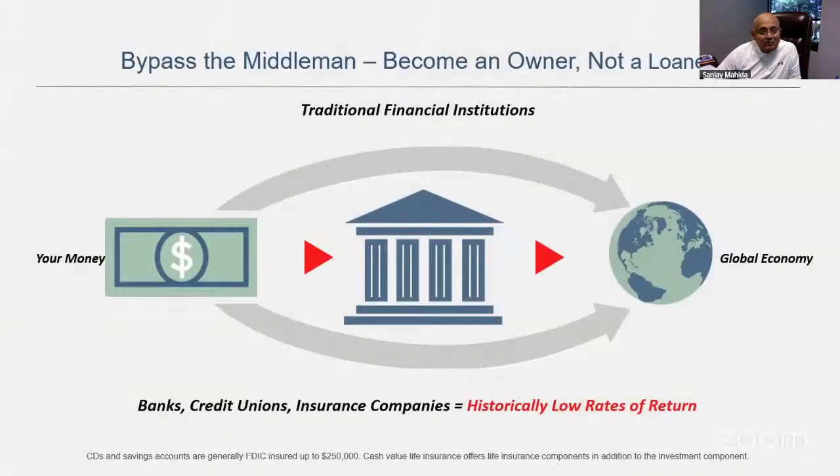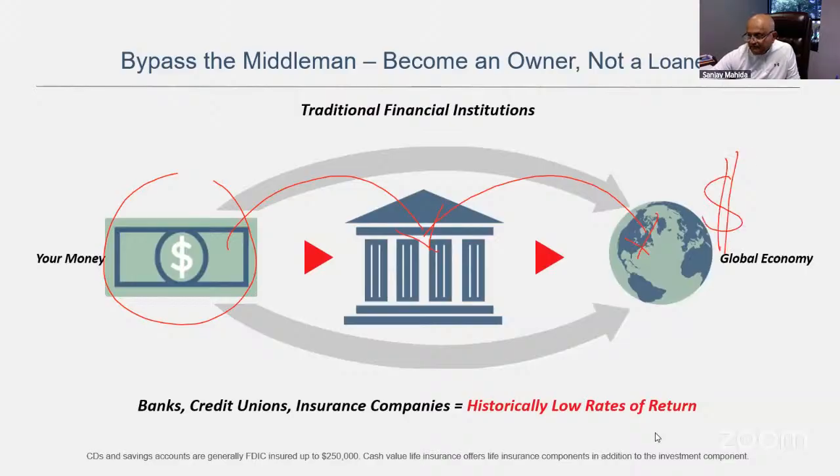Now I will give them one secret, because I need to explain that the way most people work in this world is, look at this here, Jermaine, you take your money and you give it to the bank, right? Your money gets deposited, and then the bank takes your money and makes a huge profit.